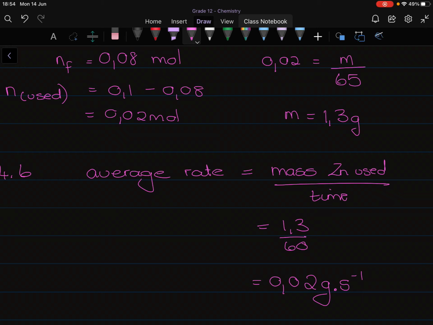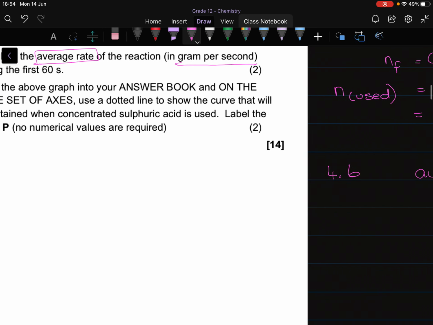Don't forget the units. We could have done it in moles, and then we would have got 0.02 divided by 60, but they were specific. They wanted grams per second, which is why we asked you to calculate 4.5.